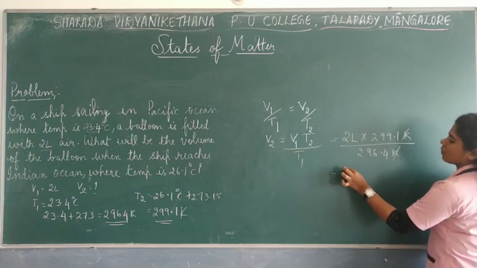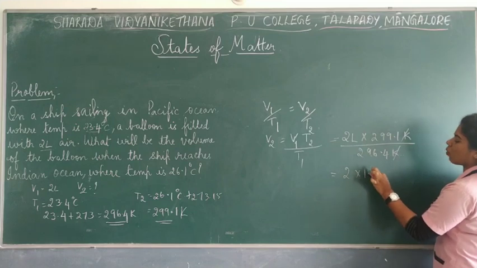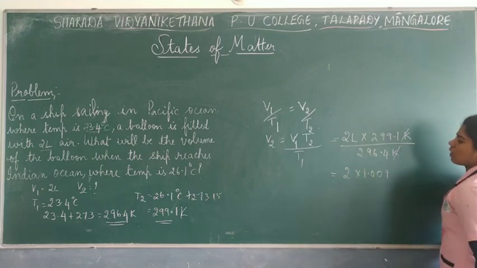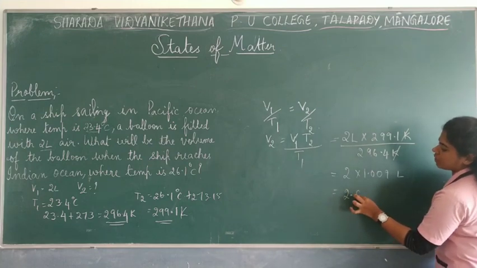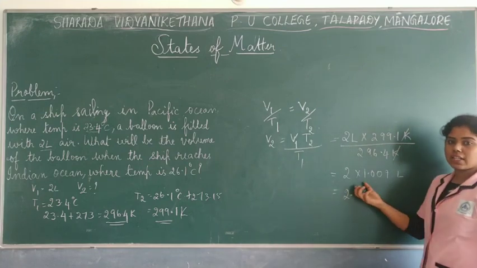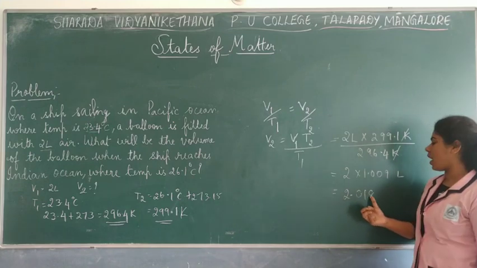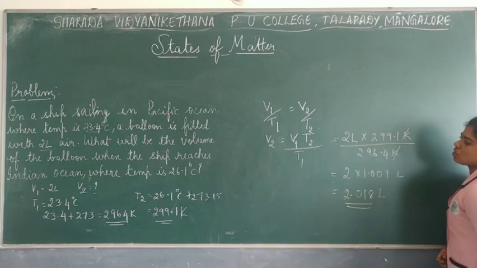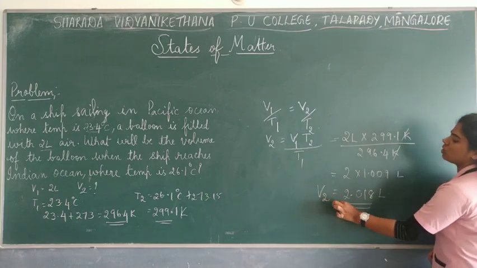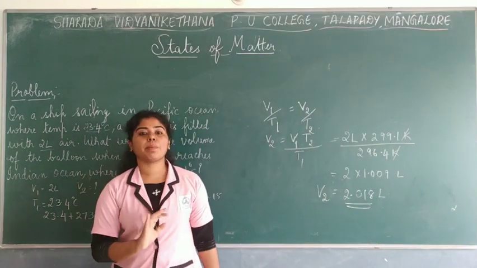When you simplify this, you get 2 into 1.009 liters, which is equal to, the answer would be 2.018. You have to calculate this, multiply this. So you get 2.018 liters.